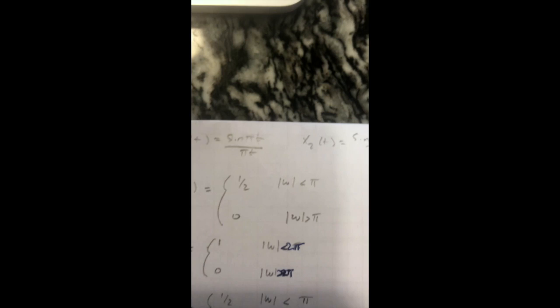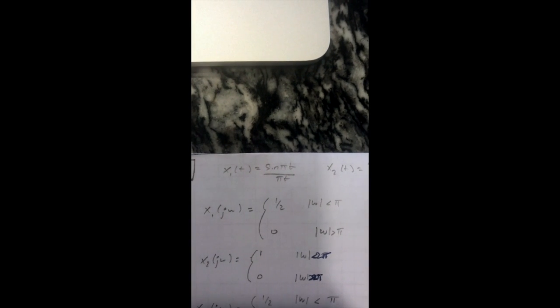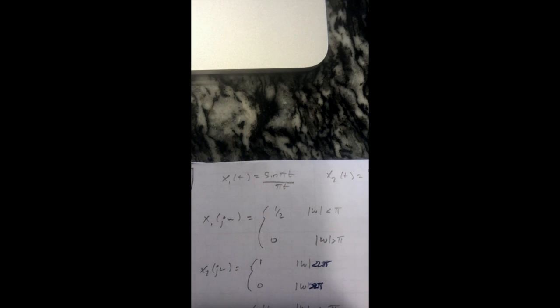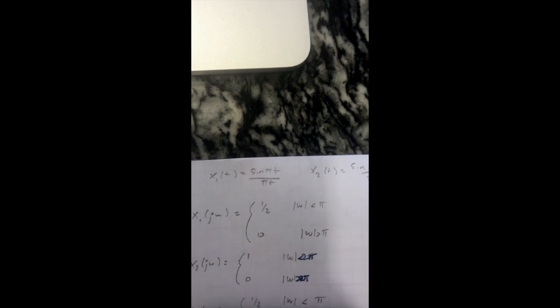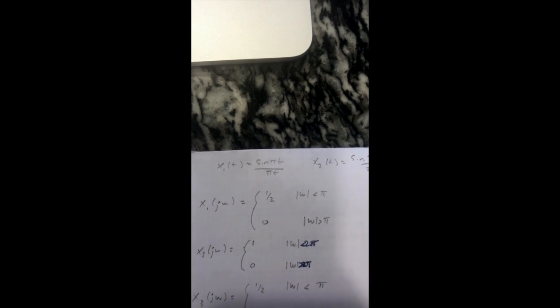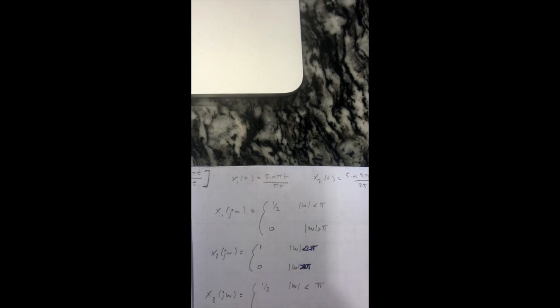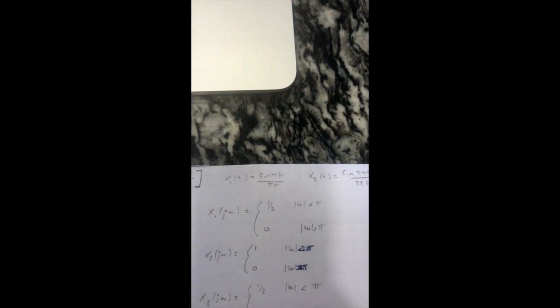Using our properties, we know that the Fourier transform of x1 is a rectangular function with the height of 1/2, where the magnitude of omega is less than pi, and 0 for the magnitude of omega greater than pi. And using our property for x2 of t, x2 of j omega is equal to 1 for the magnitude of omega less than 2 pi, and 0 for the magnitude of omega greater than 2 pi.